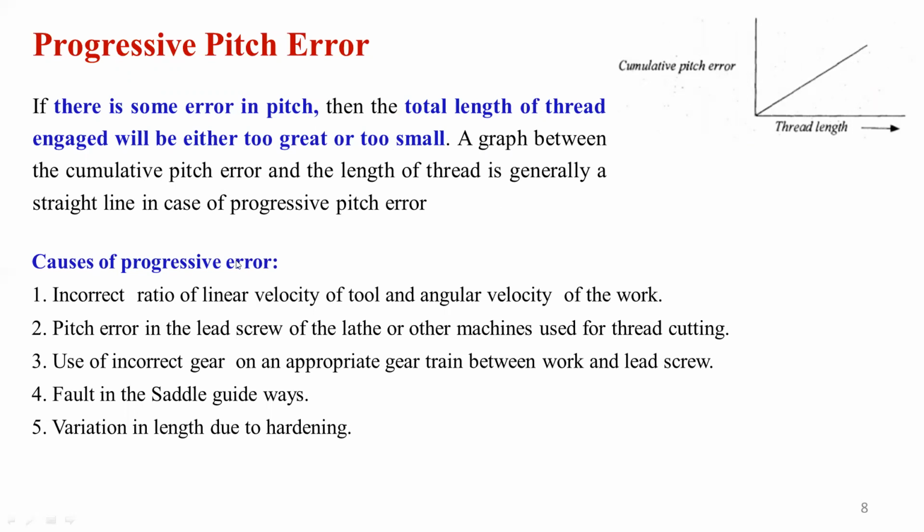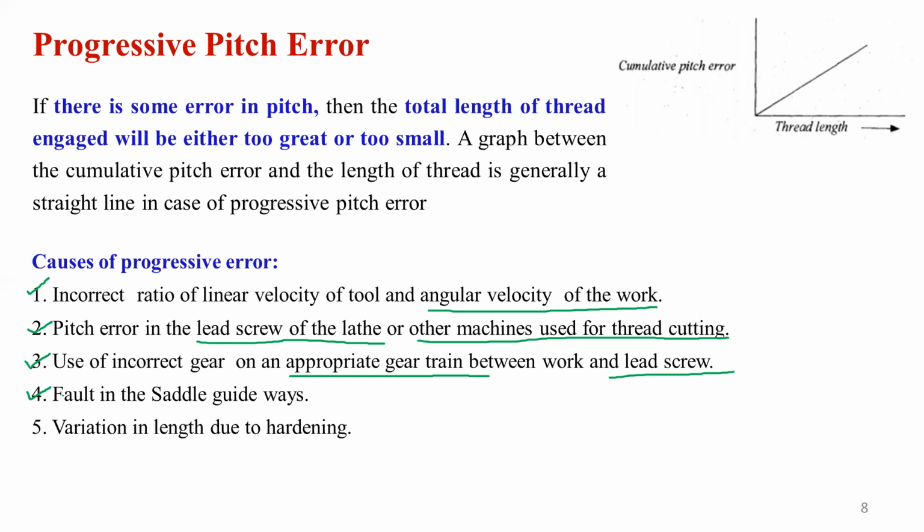So what are the causes for the progressive error? One is the incorrect ratio of linear velocity of tool and angular velocity of the work, and pitch error in the lead screw of the lathe or other machines used for thread cutting. Third cause is incorrect gears in an appropriate gear train between the work and the lead screw.